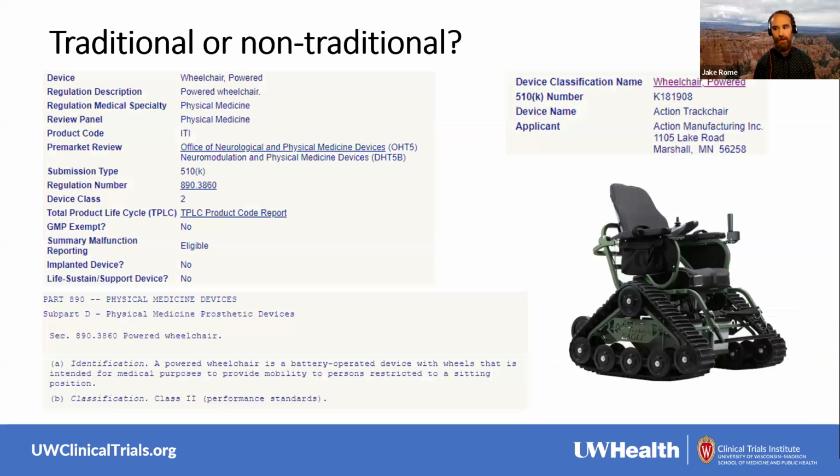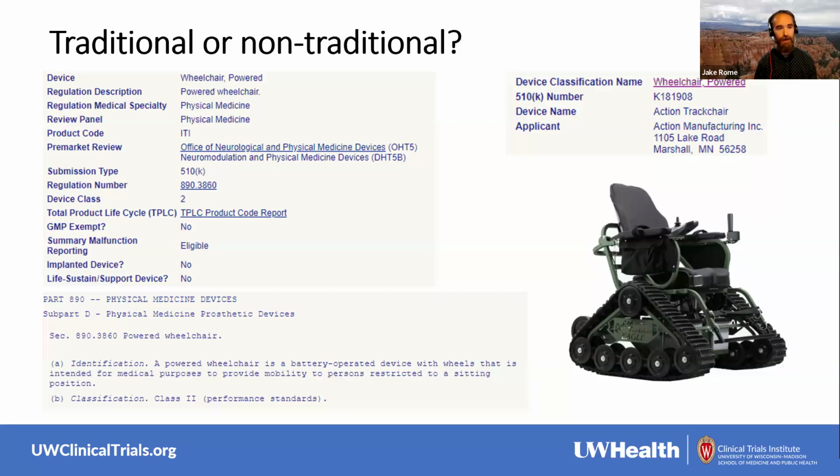So just as a quick overview here, or as a quick example, is this a traditional or a non-traditional device? This is a powered wheelchair. As you can see, I pulled the information from the FDA's device classification. This is in fact a regulated medical device that they don't use GMP to manufacture, but it is subject to certain FDA regulations.